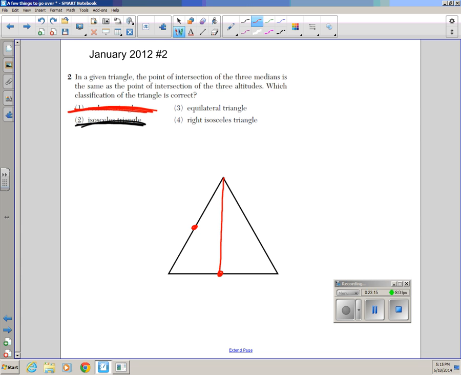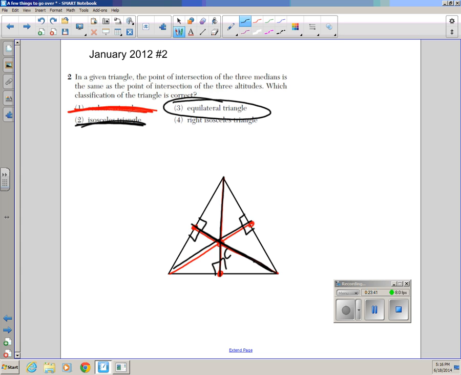Midpoint to a vertex. Midpoint to a vertex. There's my centroid. Now, if we notice something, all of these sides are actually also altitudes because they all end up being perpendicular. So in the equilateral triangle, all the altitudes are the same as the medians for all three sides, not just for the one coming down from the vertex.